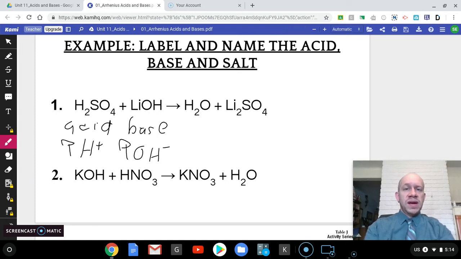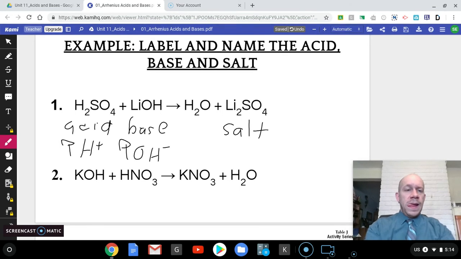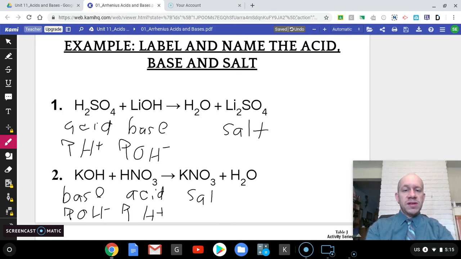Here's my water, and this lithium sulfate is a salt. Here I have a base, potassium hydroxide. I'm increasing my OH minus. Here I have an acid. I'm increasing my H plus. KNO3 will be my salt, because what I have here is water.